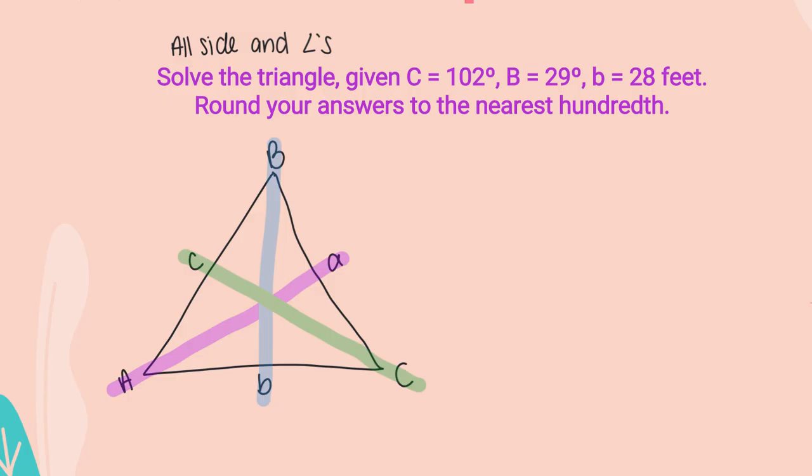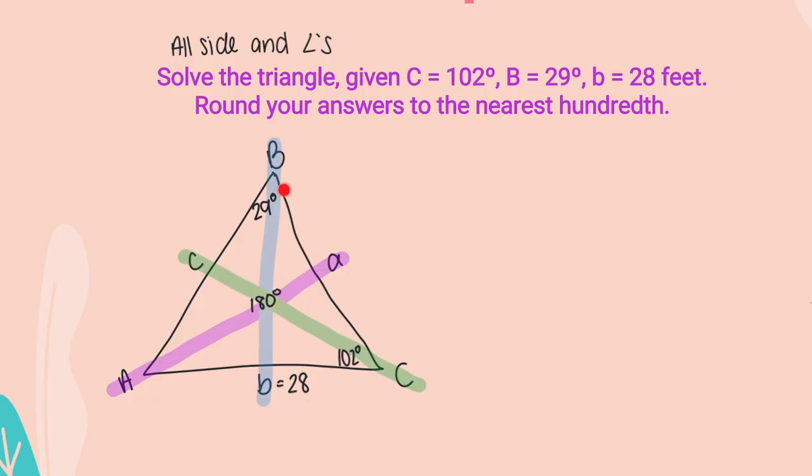I'm going to go ahead and label what I have. So angle C was 102 degrees, angle B was 29 degrees, and side B is 28 feet. Now looking at this, there's two things that we can find first, but I'm going to do the easier one. What's the measure of the interior of a triangle? We should know it. It's 180 degrees.